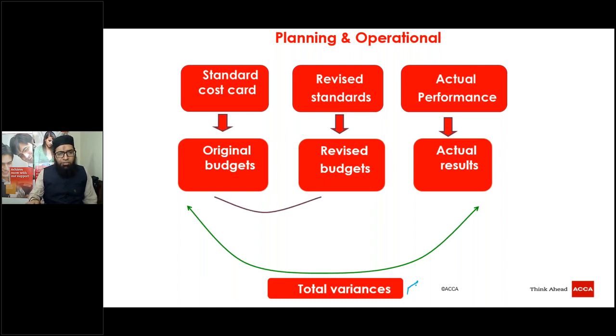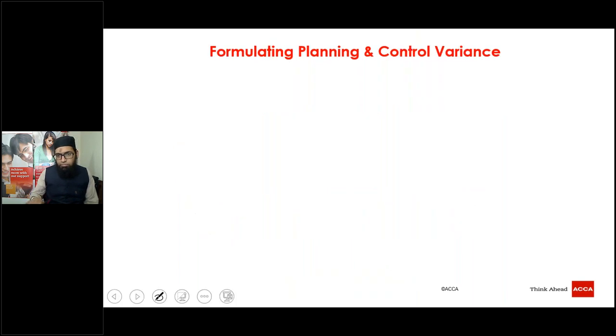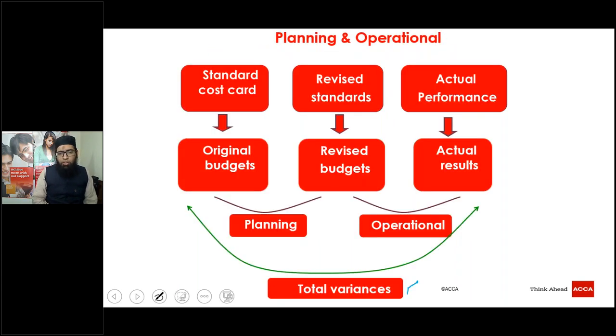But if we take the difference between standard and revised standard, this will be known as planning variance. And if we calculate the variance between revised standard and actual, this will be known as operational variance. Have you understood that?